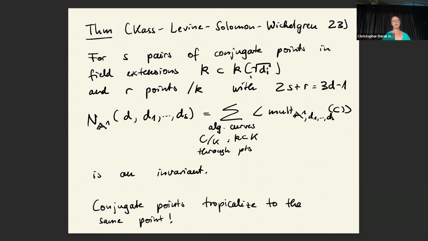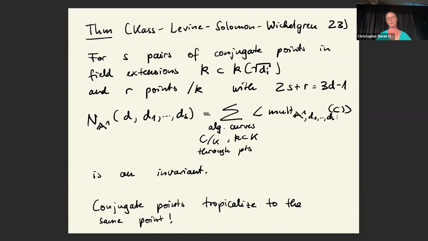And then furthermore, R points, which are defined over the ground field k. And then still 2S plus R has to sum up to 3D minus 1, of course. And then I can count, again, degree D rational plane curves that satisfy those point conditions with their arithmetic multiplicity.